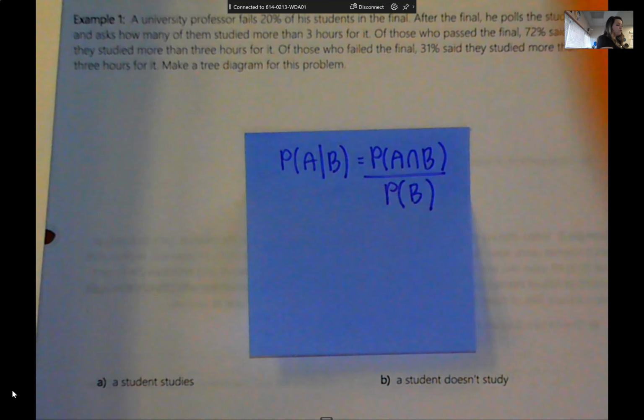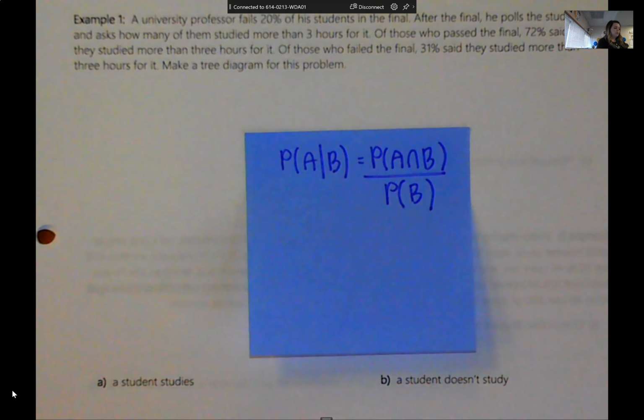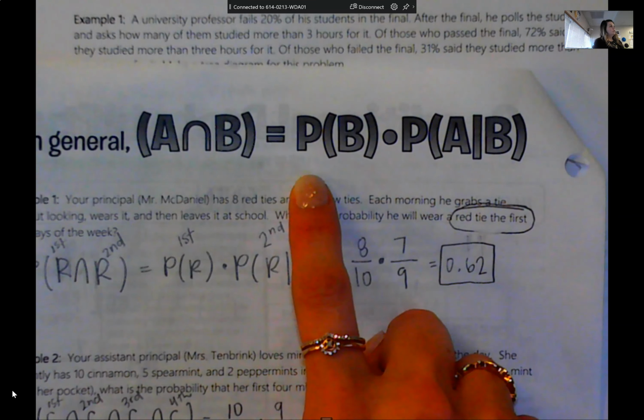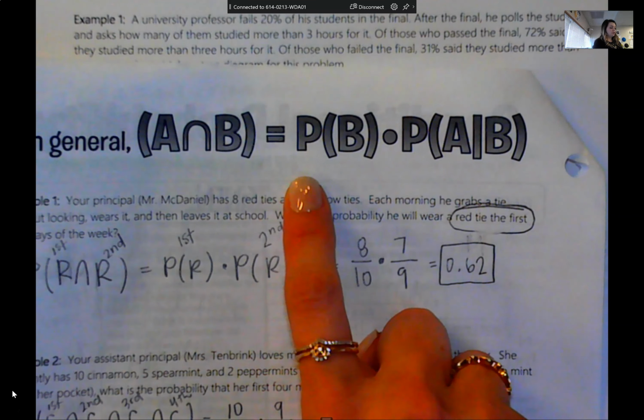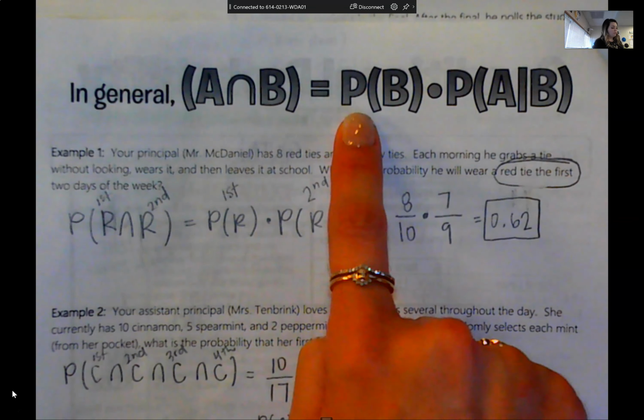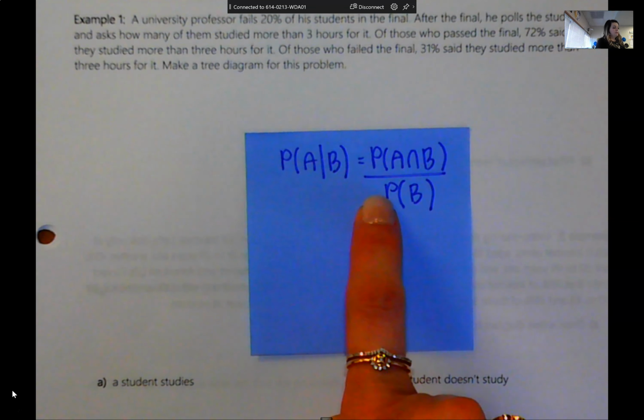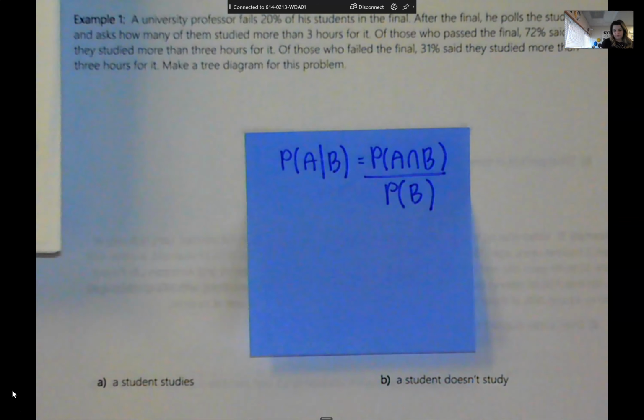Then the other formula that we're going to use is this one. And they're related. They come from each other. You get this formula by rearranging this formula. So I'm also going to write that one down.